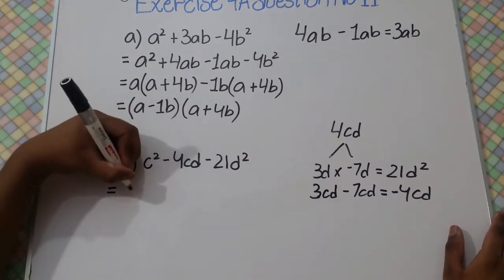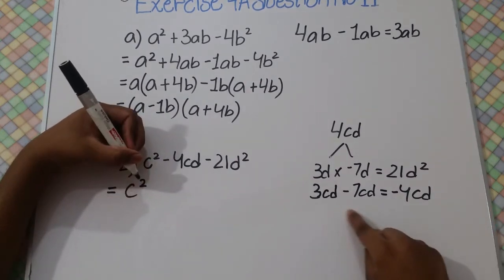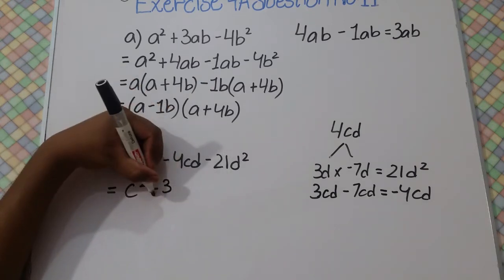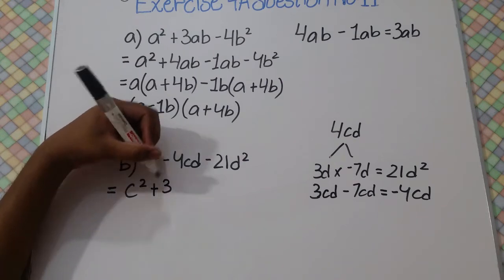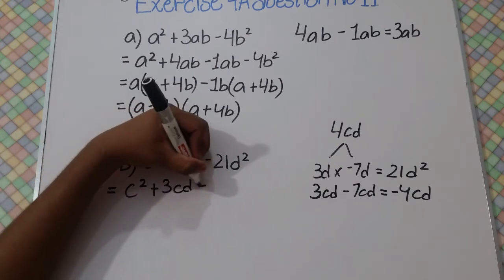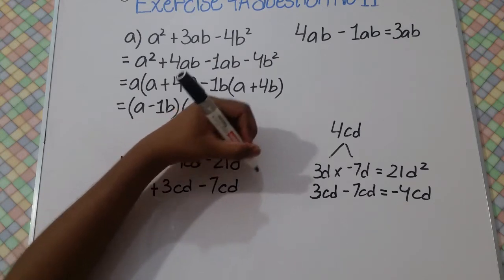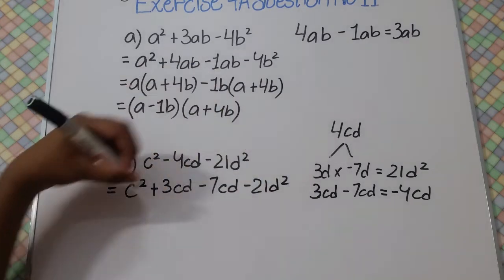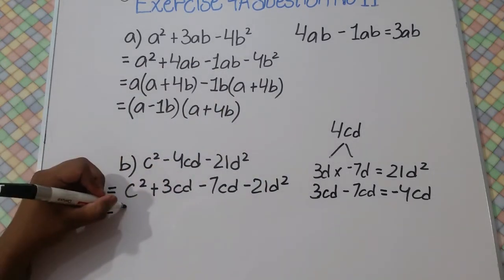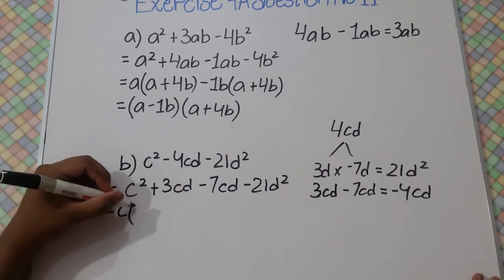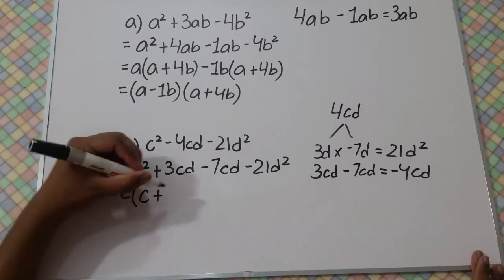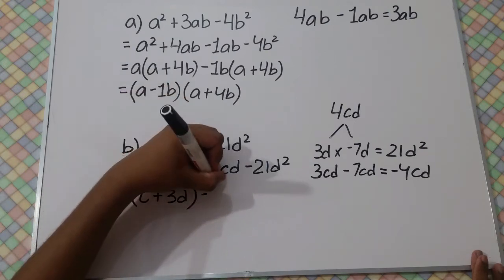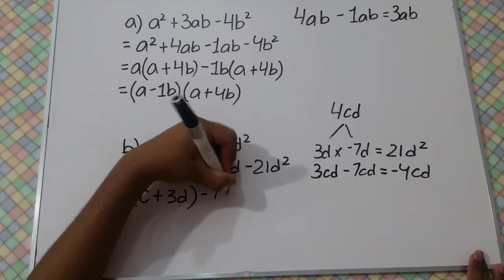Okay, so I'm going to write c square, then this expression plus 3cd minus 7cd and then minus 21d square. Then we are going to take the common. It is c, then c plus 3d, and over here the common is 7 and d.